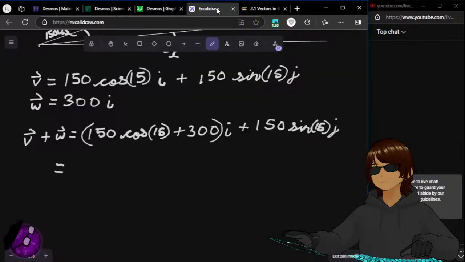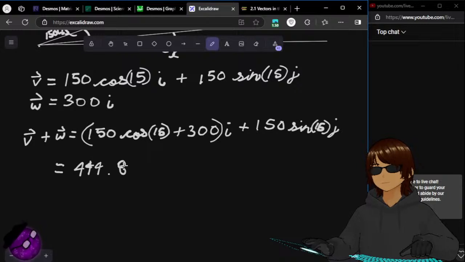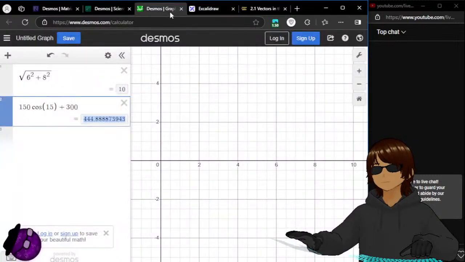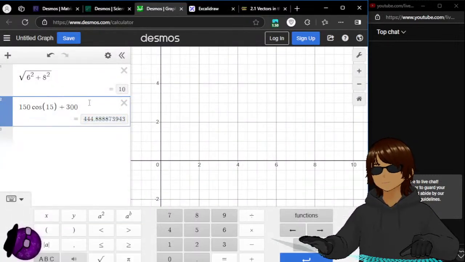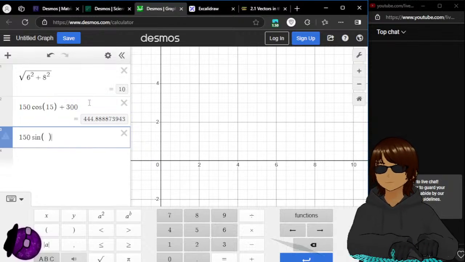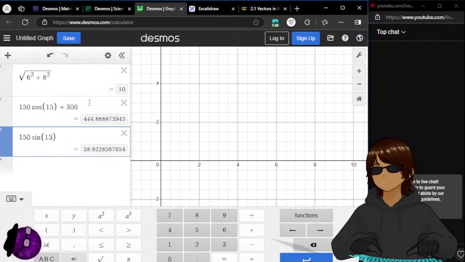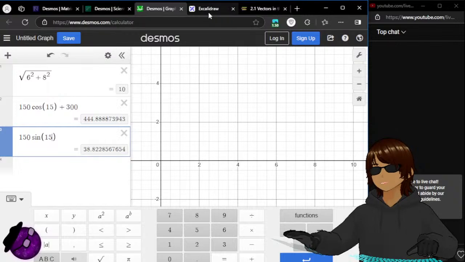Got 444.888 in the i direction, plus 150 sine 15, 38.823.